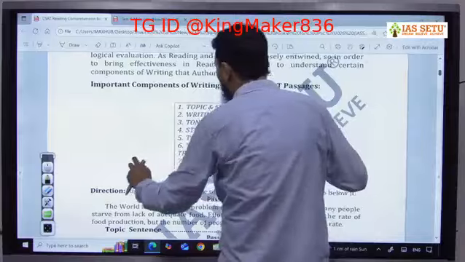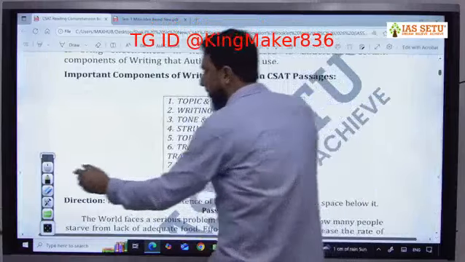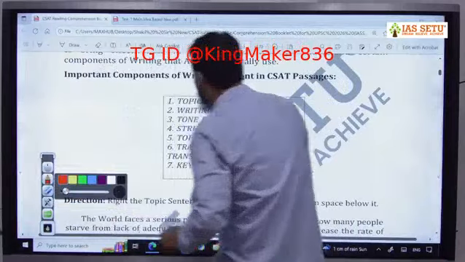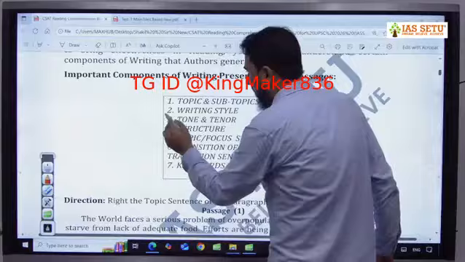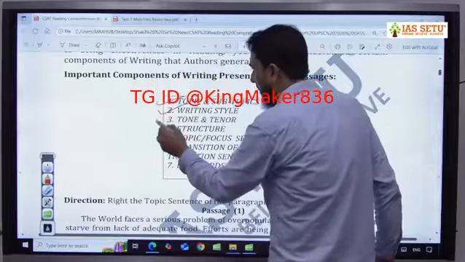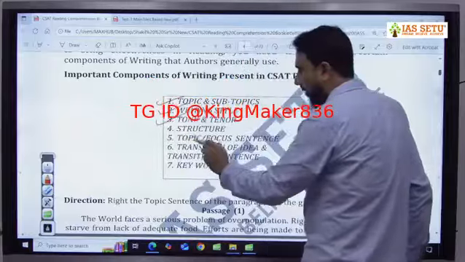And here all these tools are listed which are in some way important for you. We have discussed tone, topic, subtopic, writing, tone and tenor, and structure.